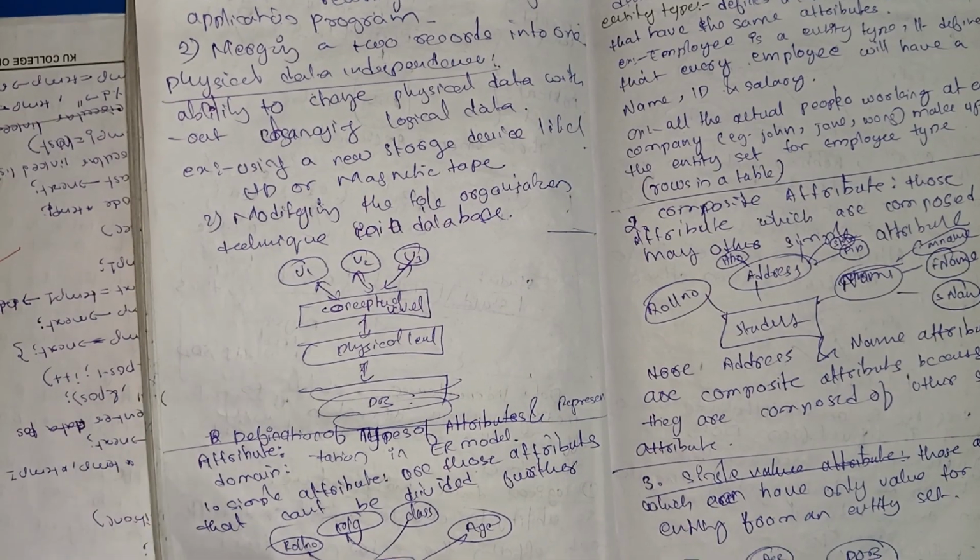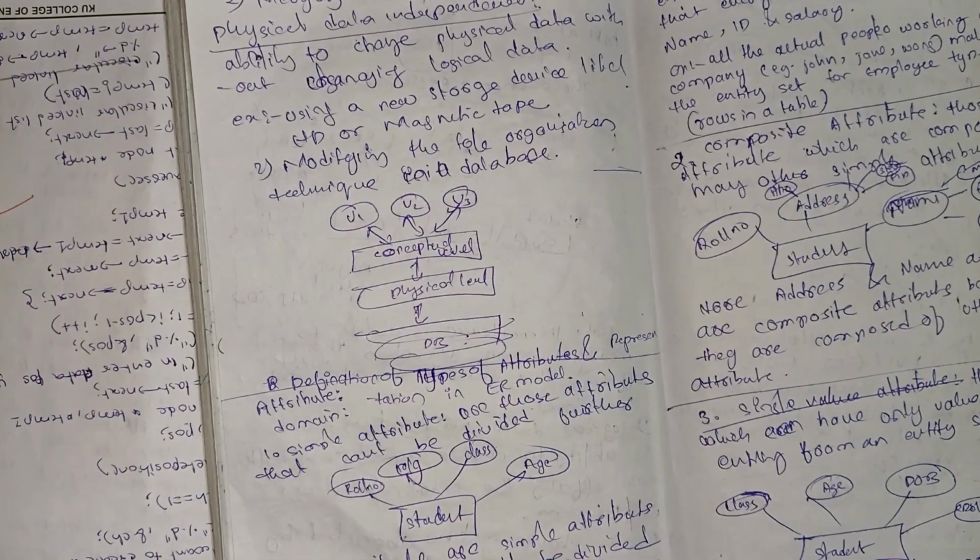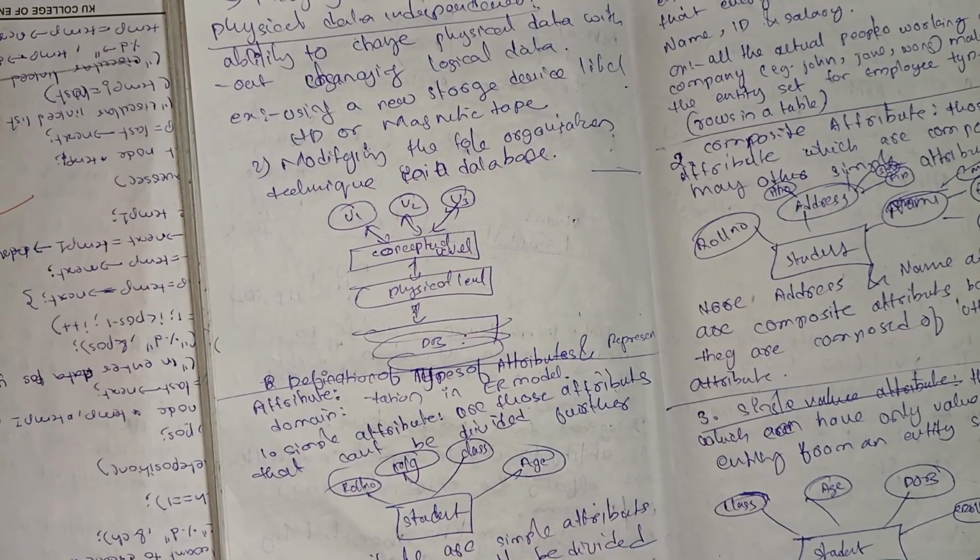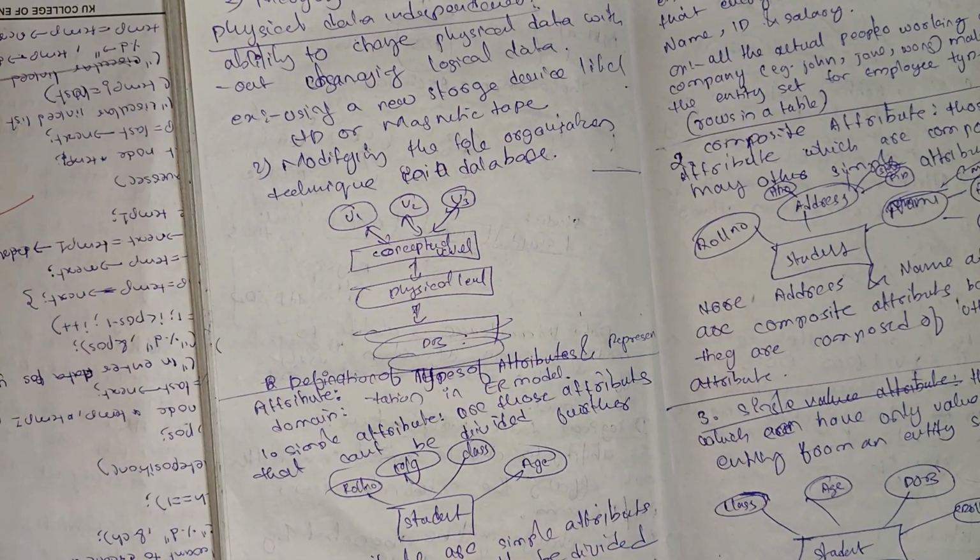Okay, so attribute means the property of an entity. Entity is a real world thing about which we want to give information, like if a student is an entity, then their attributes will be student name, age, gender, class, like that.